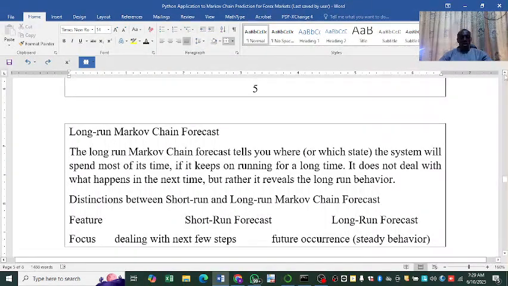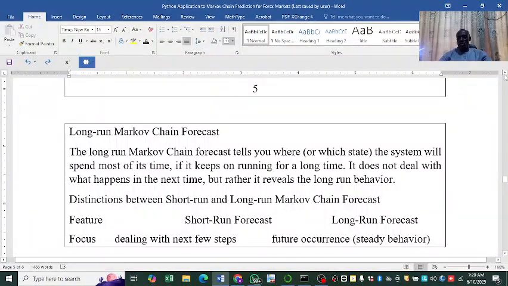Then the long-run forecast Markov chain. In the long-run forecast Markov chain, it tells us which state the system will spend most of its time in, where the market in the stock market, or the economy in an economy, will spend the most part of its time if it keeps on running for a long time.